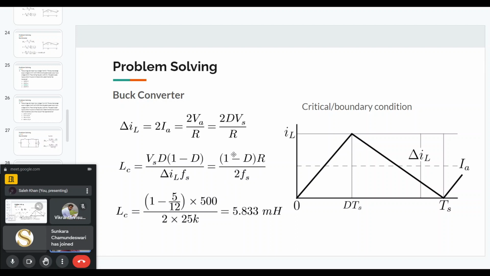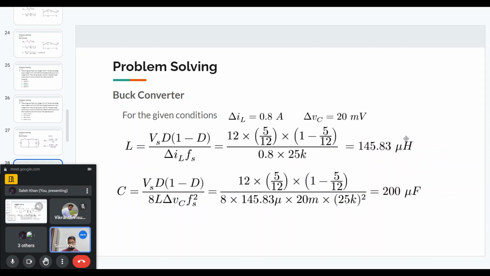And if you put the given values here, you will get that the critical value of the inductance is 5.8 millihenry. You can see that it is much higher than the basic value.